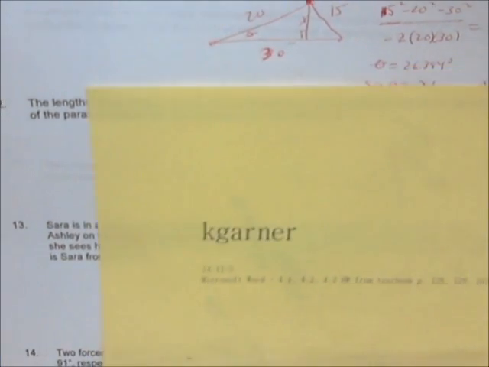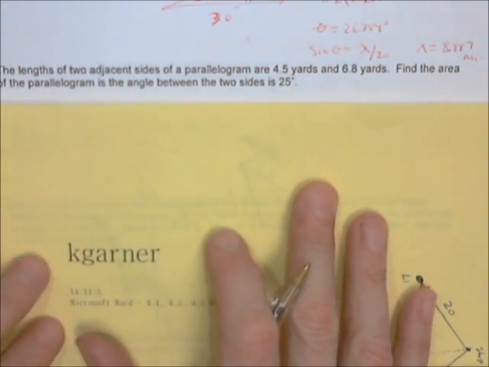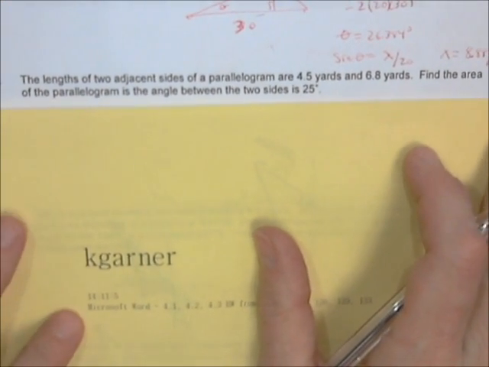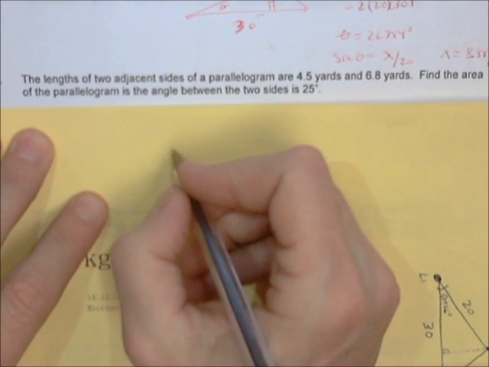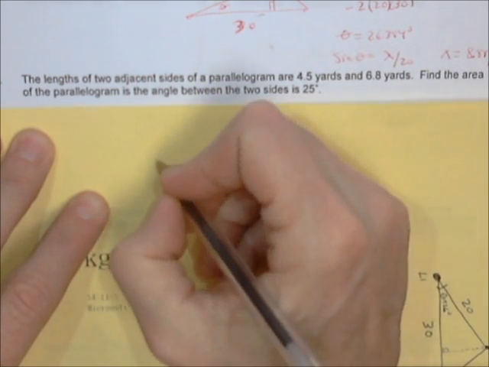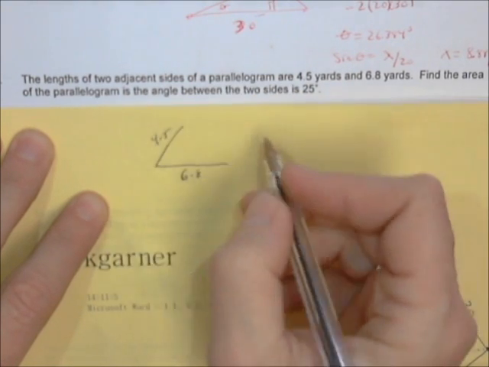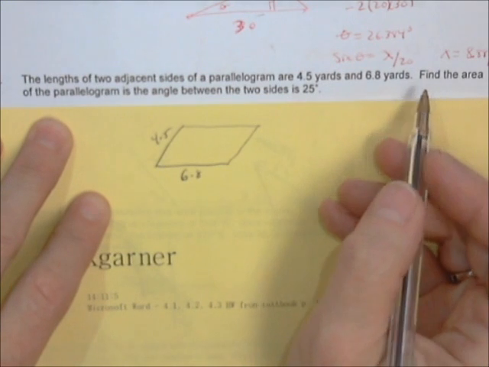Number 12 is the last one I think I'll do today. So number 12 talks about the area. Here's another Algebra 2 problem. You know the two adjacent sides of a parallelogram, 6.8 and 4.5, and find the area of the parallelogram.